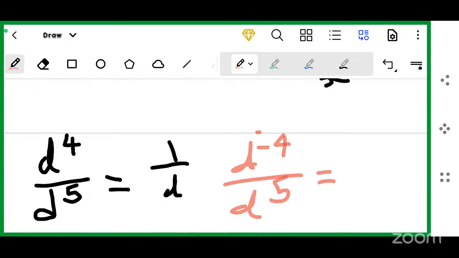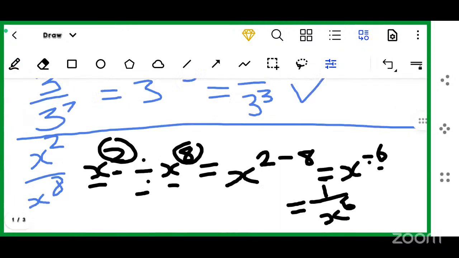I got 1 over D to the power of 9. Perfect. Very good. All right, so I think you are perfectly good with this one.